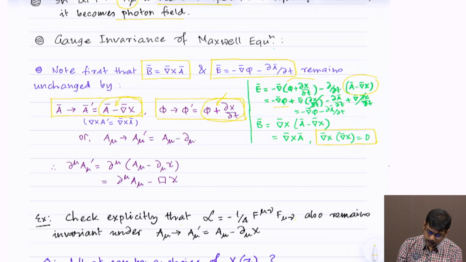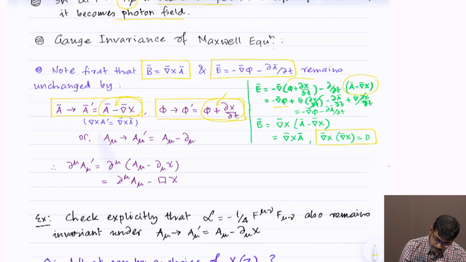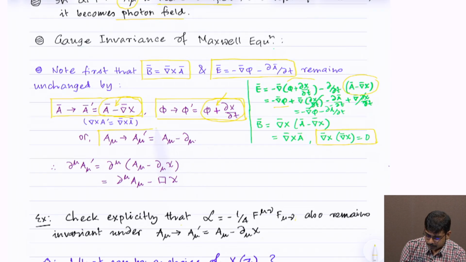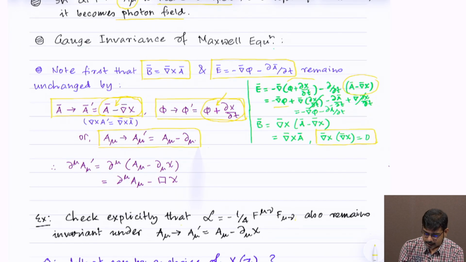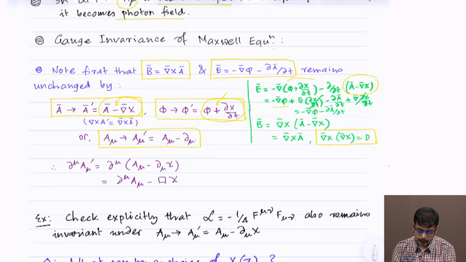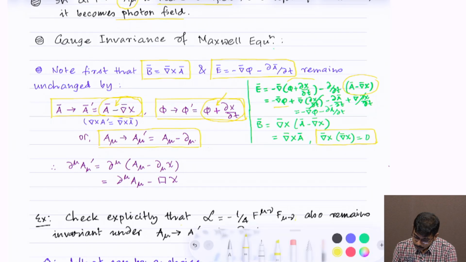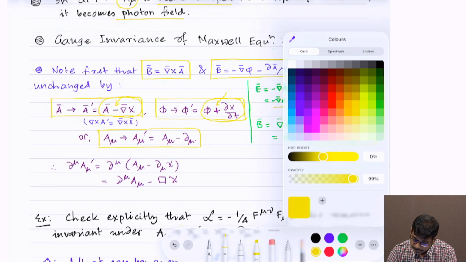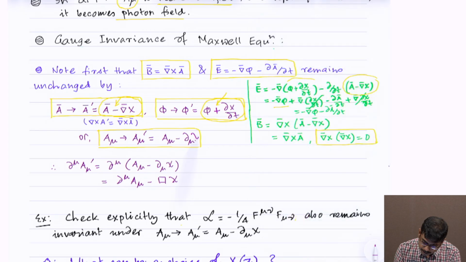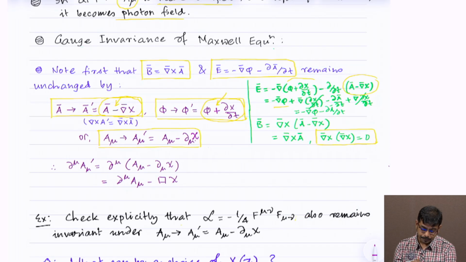But putting these two things together, I can say that the 4 vector potential, or the 4 vector field, whatever you want to say, A^μ goes to A'^μ, which is nothing but A^μ minus ∂^μ χ, correct.